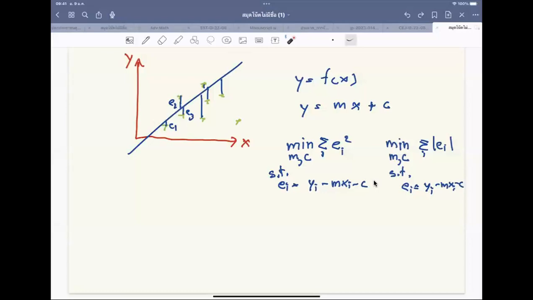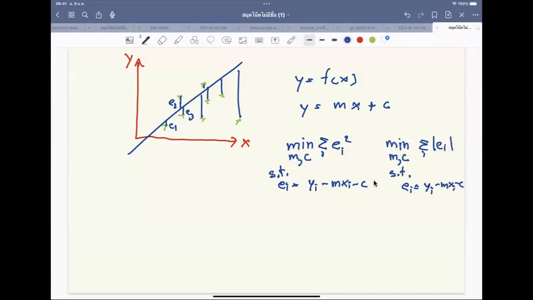You got my point? That way, we need minimax optimization problem. What is the minimize the maximum? You see that we have the maximum error here, right? This is the maximum error, right? So, but practically, we don't know at the first place which one is the maximum error, but we want to minimize that maximum error.